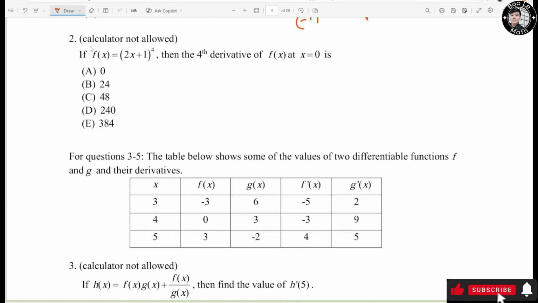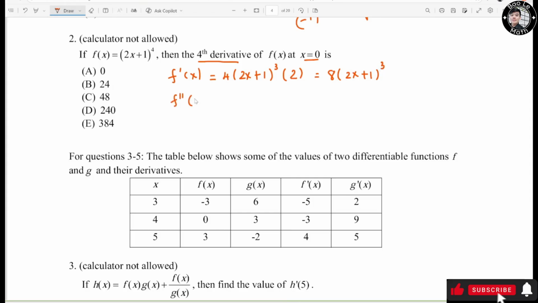Now, question 2. If f of s equals 2s plus 1 raised to the 4, then the fourth derivative of f of s at 0 is? So we have the first derivative as 4 times 2s plus 1 raised to the third, times 2, so it's 8 times 2s plus 1 cubed.